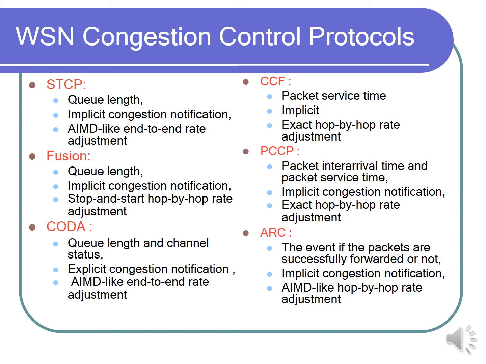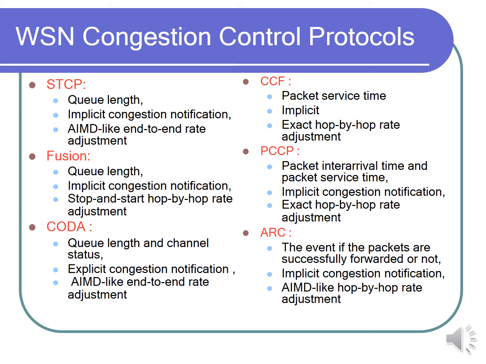Sensor transmission control protocol: queue length, implicit congestion notification, AIMD-like end-to-end rate adjustment. Then queue length, implicit congestion notification, stop and start hop by hop rate adjustment. Then queue length and channel status, explicit congestion notification, AIMD-like end-to-end rate adjustment. CCF: packet service time, implicit, exact hop by hop rate adjustment.